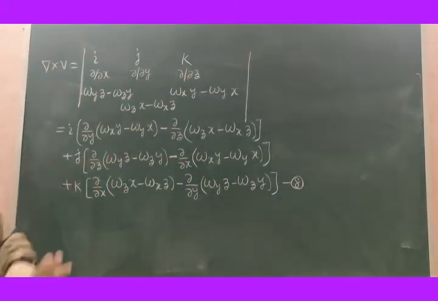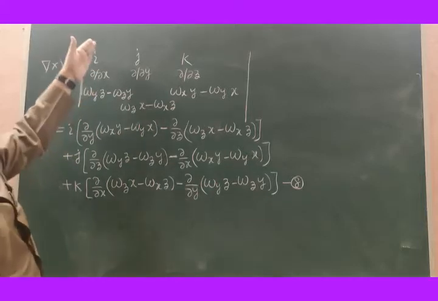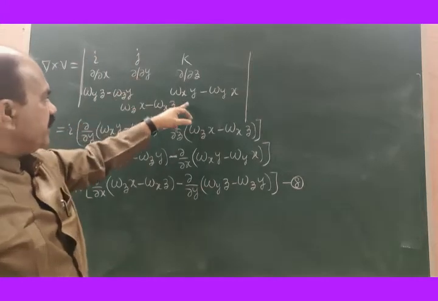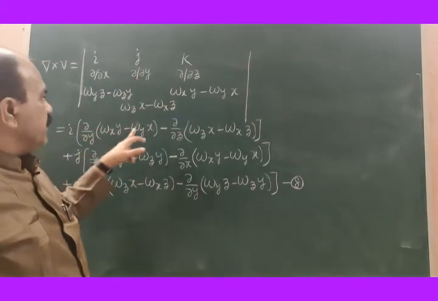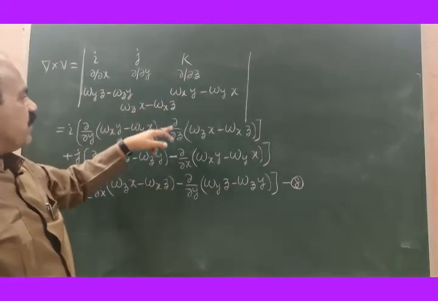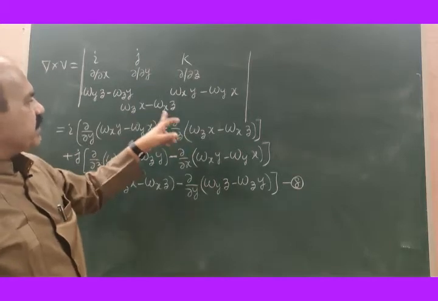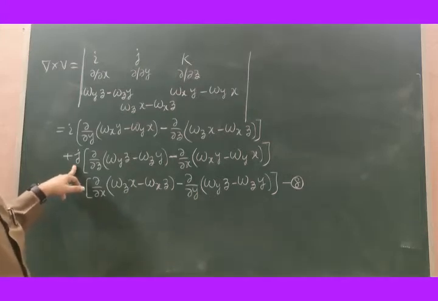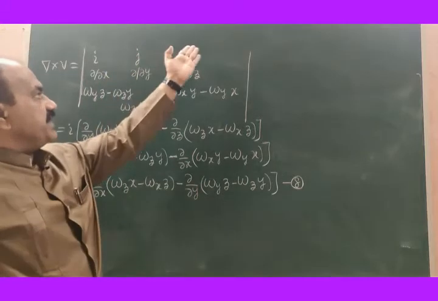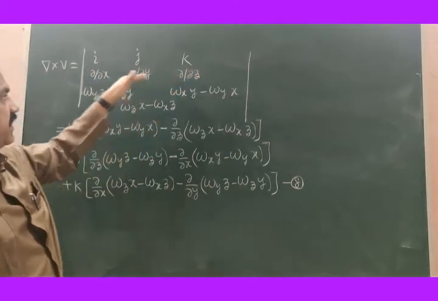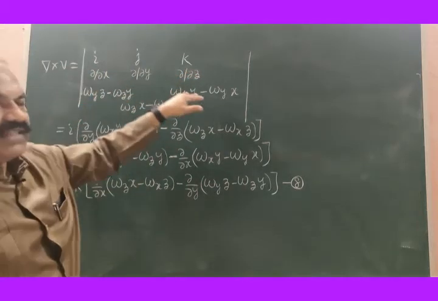Let us see whether equation 8 is solved correctly. This column skipped, this row skipped, dou by dou y of this, dou by dou y of this, correct, minus dou by dou z of this, dou by dou z of this, omega z x minus omega x z, correct, plus j. Instead of minus I have taken plus here, because I will skip this one, and instead of taking the cross product this way, I will take this cross product first minus this cross product.